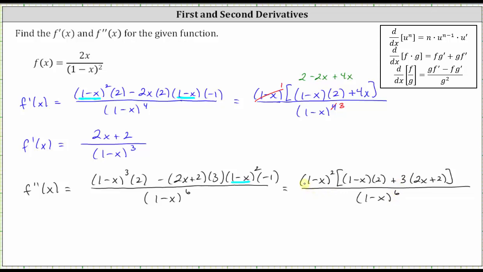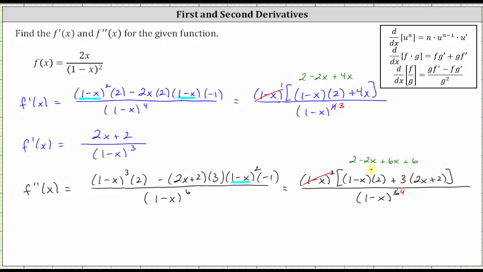Now let's simplify the factors of 1 minus x in the numerator and denominator. The 2 factors of 1 minus x in the numerator simplify to 1, and the 6 factors of 1 minus x simplify to 4 factors of 1 minus x. In the numerator, if we distribute 2, we have 2 minus 2x, and then we distribute 3, which gives us plus 6x plus 6.